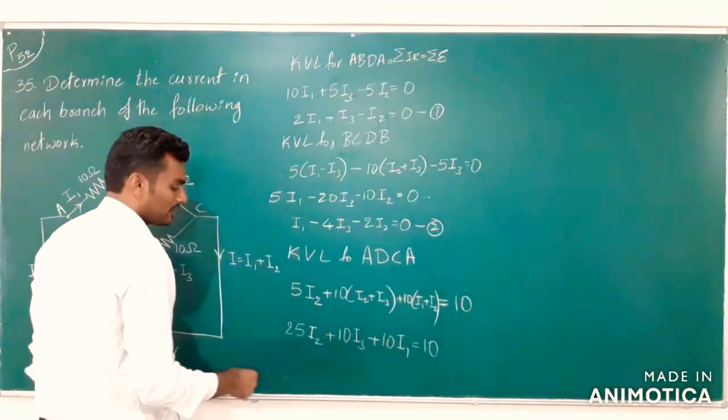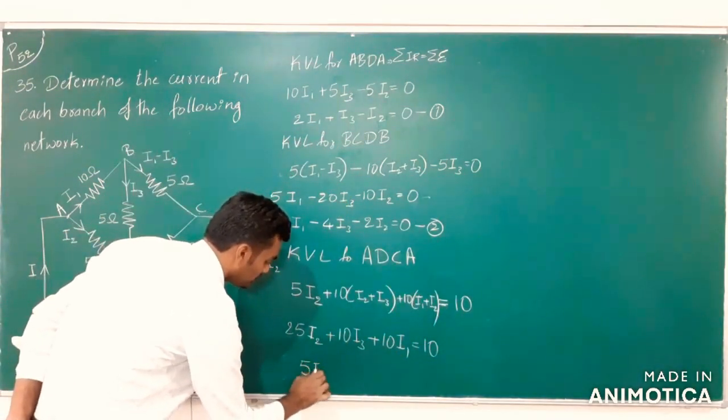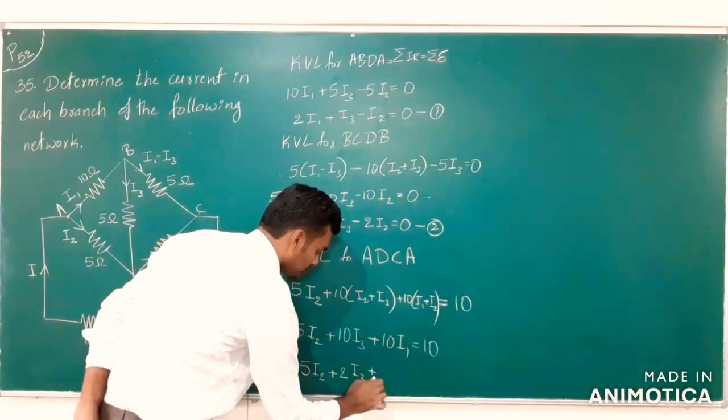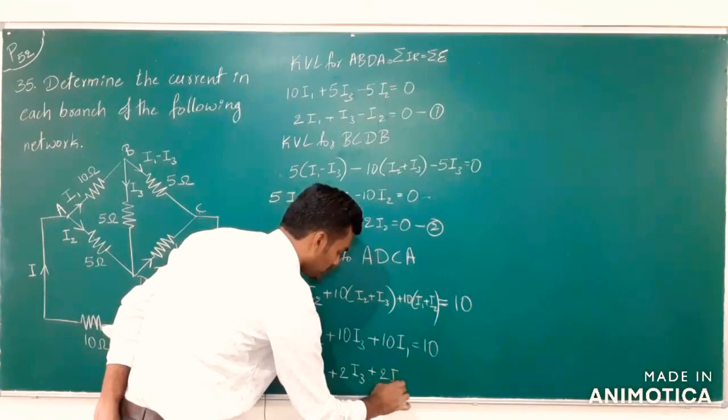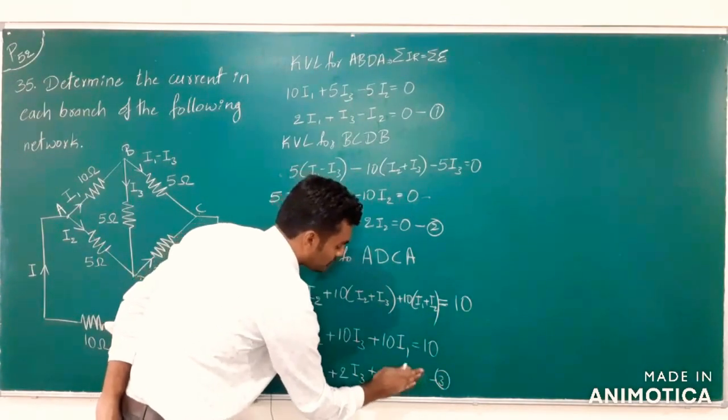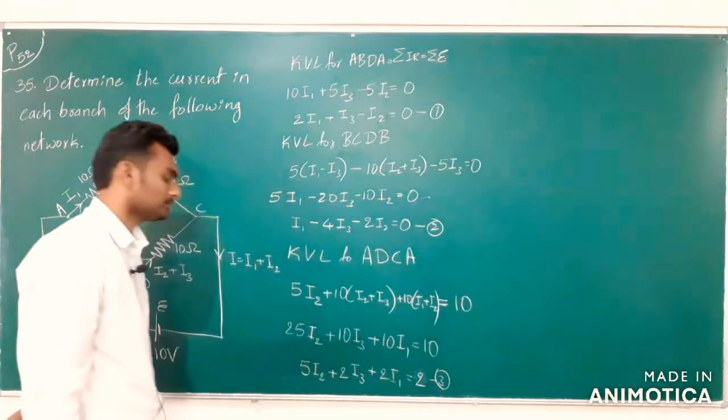Again, dividing the entire equation by 5, it will be 5I2 plus 2I3 plus 2I1 is equal to 2. Let me name this after dividing.